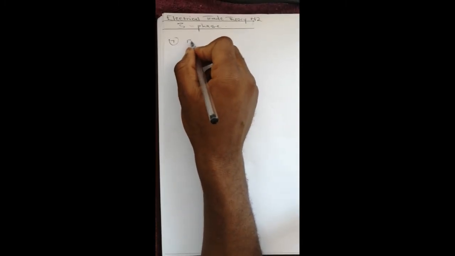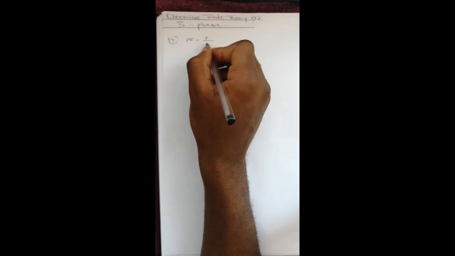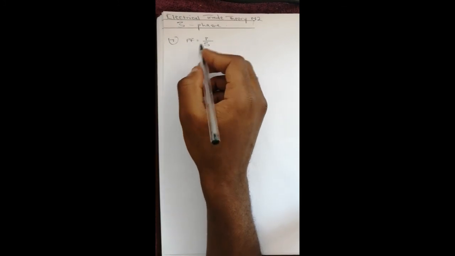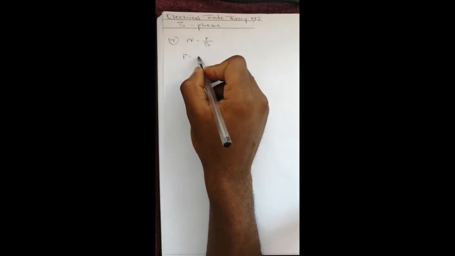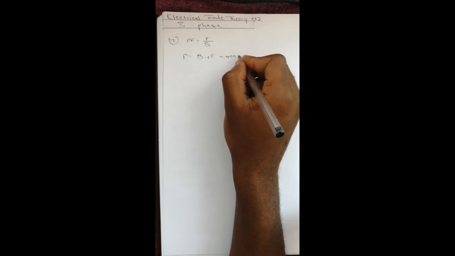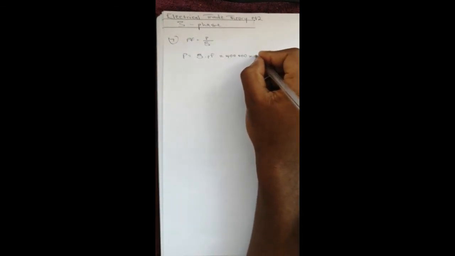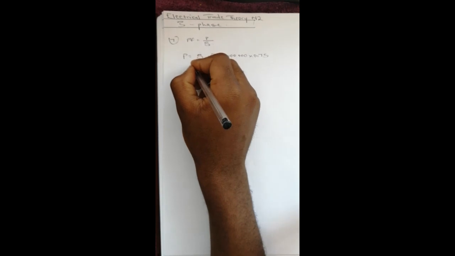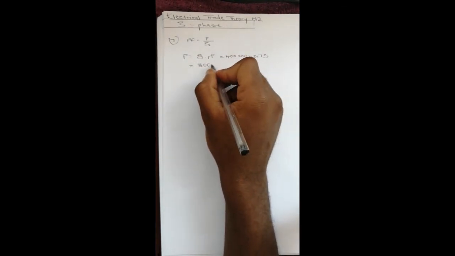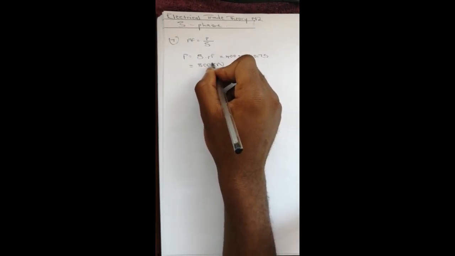We know that power factor equals P over S, and we need P. So P equals S times PF, and our S is 400,000 and our PF is 0.75. We get 400 times 0.75, which gives 300 kilowatts. And that's it for this transformer question.